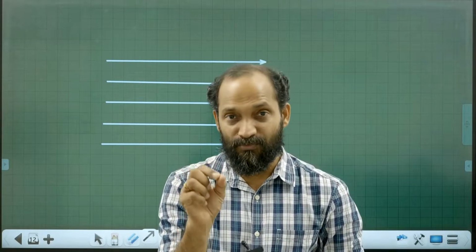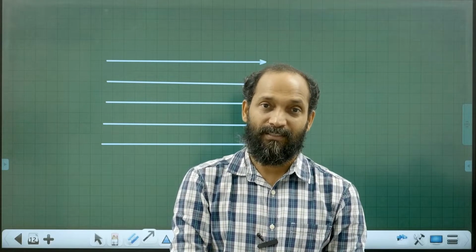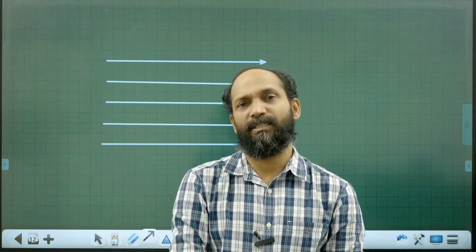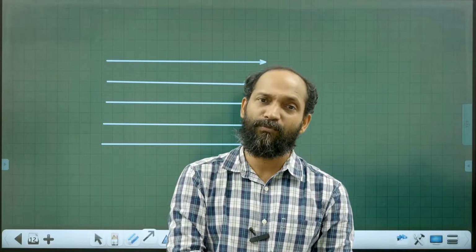Field is a vector, it is unique. Its value at any point is only a single valued function at that point. A vector has a unique property that it can have only one value at one point.